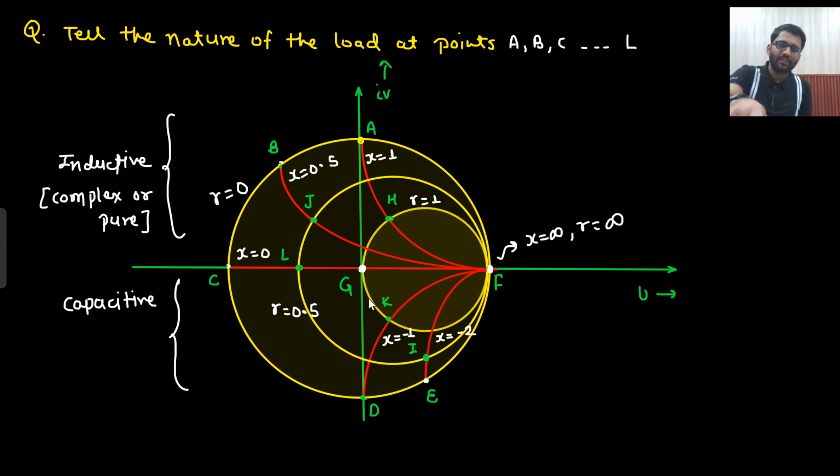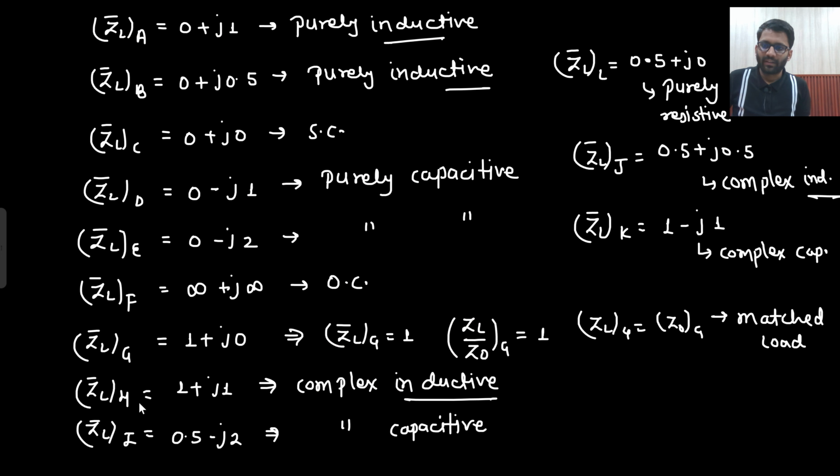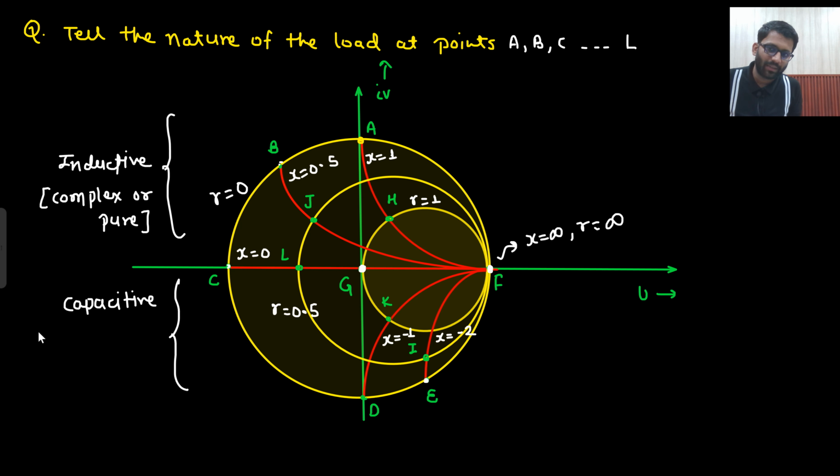You can see these points: K, I, E, D. K, capacitive. I, capacitive. E, capacitive. D, capacitive. All are capacitive. So this part would be capacitive. It could be complex or pure.